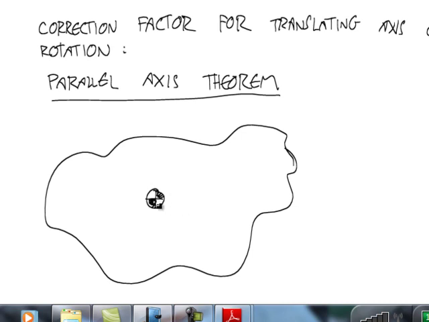Okay, so let's call this axis C, because it goes through the center. And say that what we want to know is the moment of inertia about an axis going through this point that's parallel to this one. We'll call that axis A. And say these axes A and C are parallel.